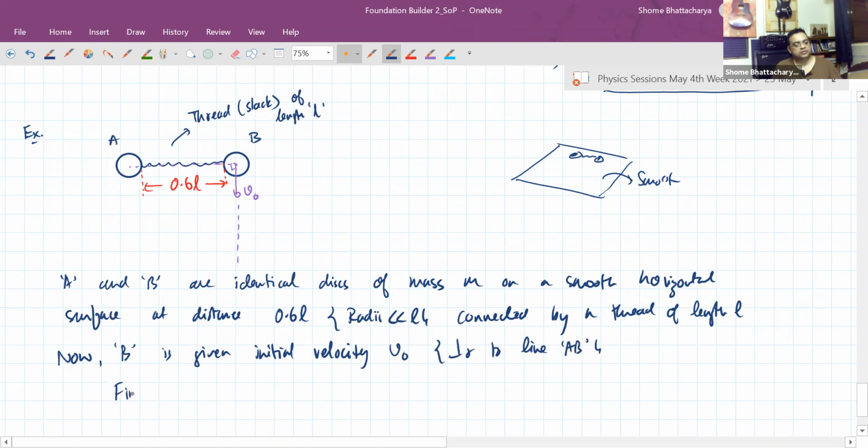So find the velocity of A and the velocity of B at the moment just after the thread becomes taut.